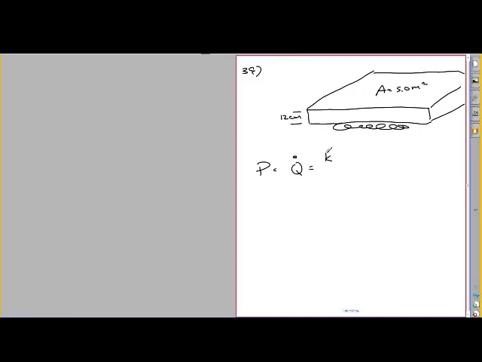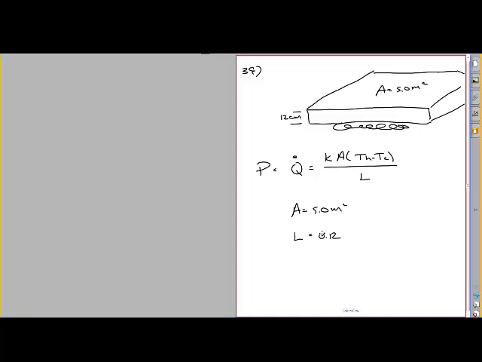Anyway, we have K times A times T hot minus T cold, divided by L. That's the equation that governs conduction heat transfer through a solid surface. We know A is 5 meters squared.